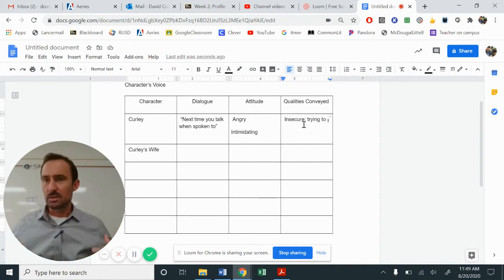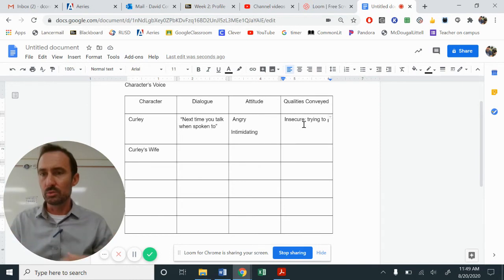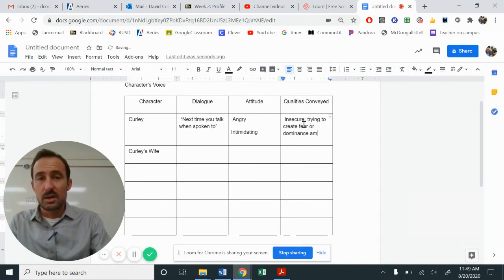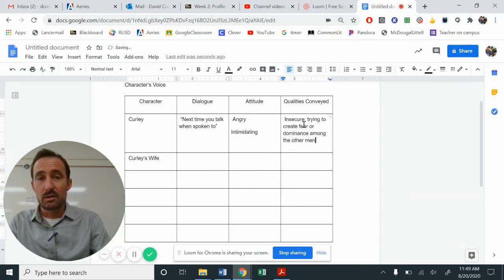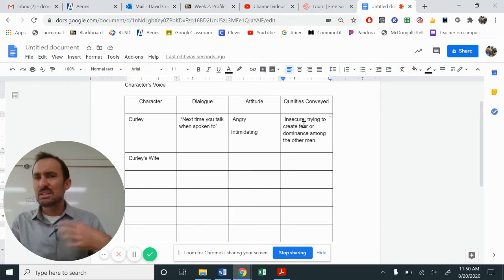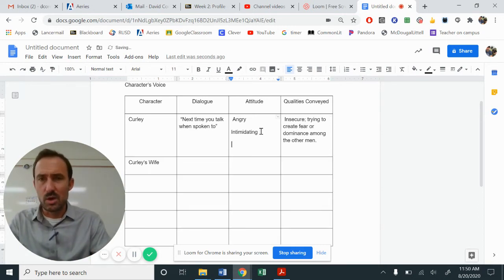He's trying to make himself feel known in that area. So he's trying to create fear or dominance among the other men. So his qualities, we already know, are not that nice. He's very unkind. He's very mean. He's just kind of came in and be like, well, let the big guy talk. Why don't you talk? You talking for him? Like, he's very argumentative. Maybe that could be his attitude as well.